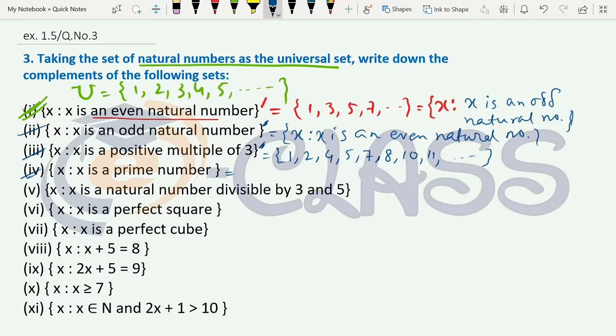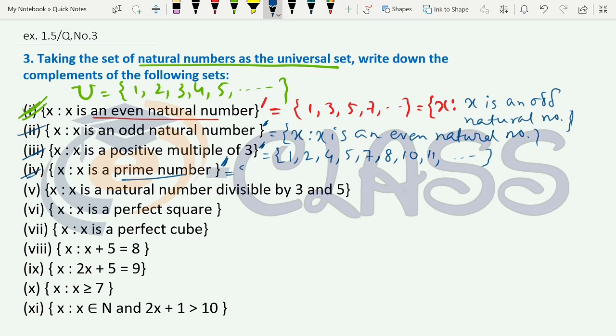We know that 1 is not prime. 2 is prime. So for the complement of the set of prime numbers, we just ignore the prime numbers.